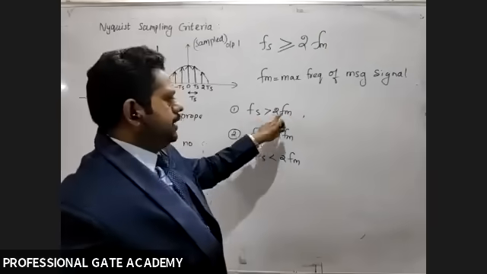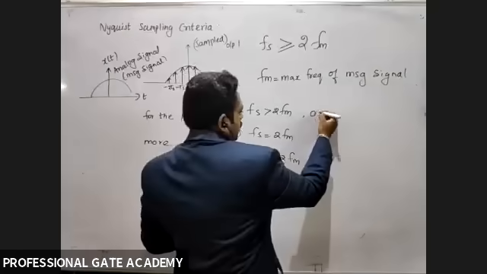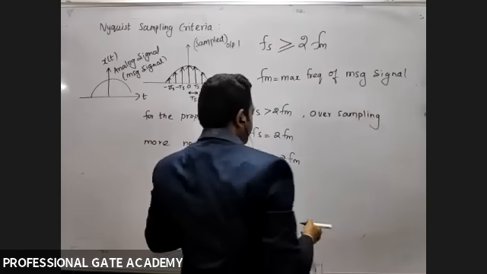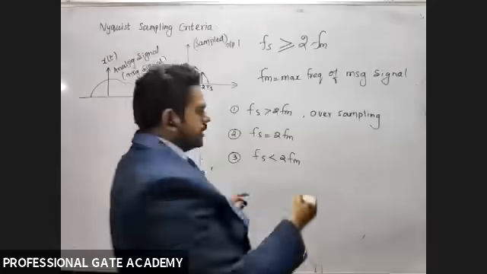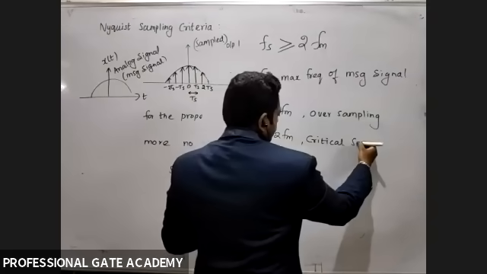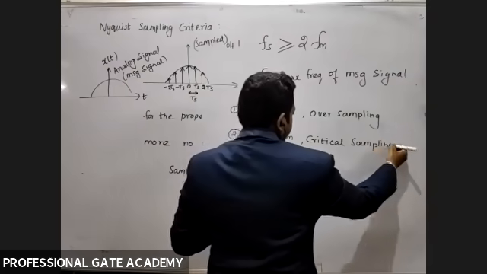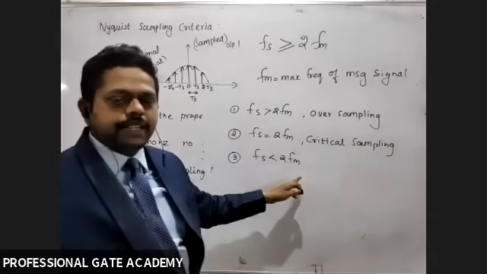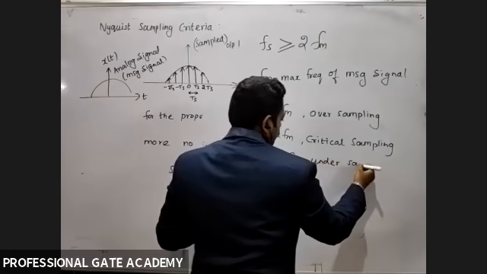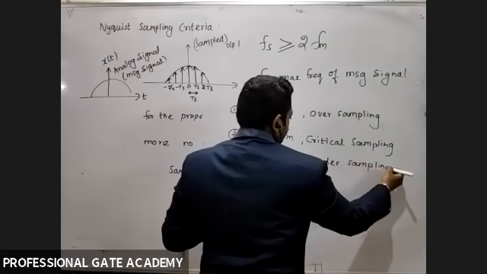If Fs equals 2 Fm, that is called critical sampling. If Fs is less than 2 Fm, that is called undersampling.